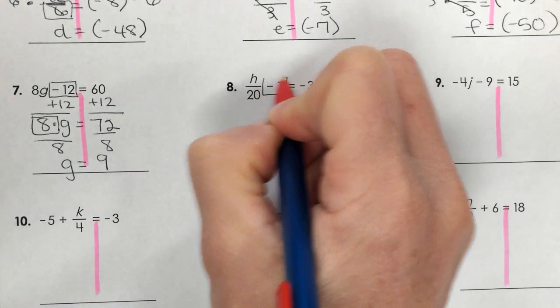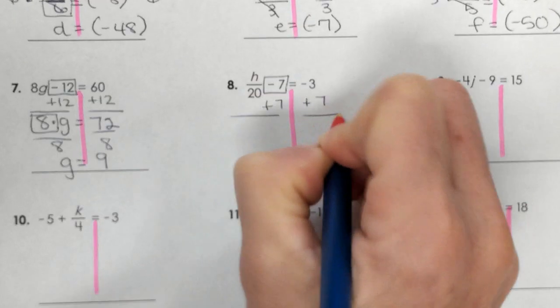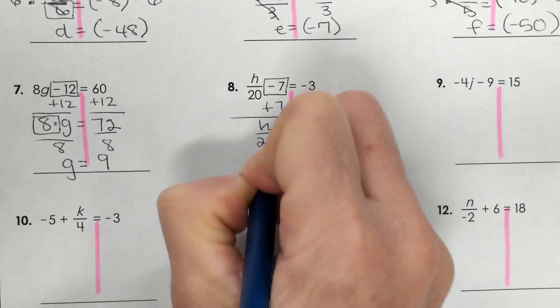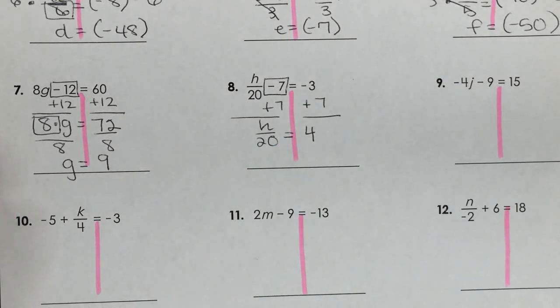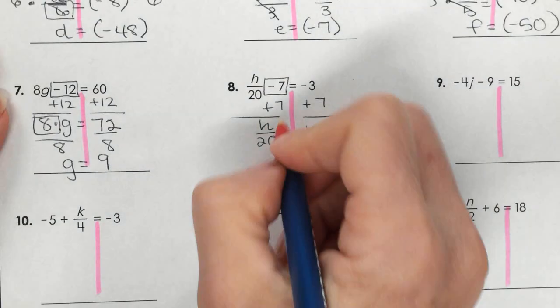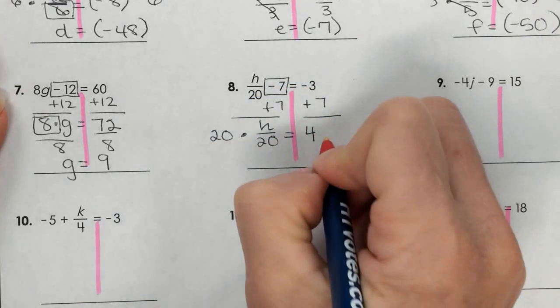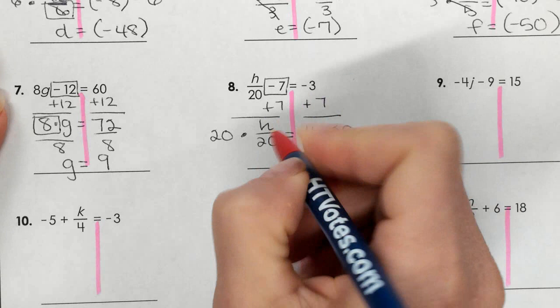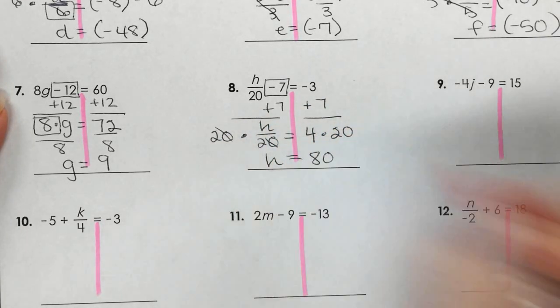For number 8, we'll get rid of subtraction first by adding 7 to both sides. That leaves us with h over 20 is equal to 4. Positive plus a negative, subtract and use the sign of the bigger number. To get h alone, we'll undo divide by 20 using multiplication. And here we have h is equal to 80.